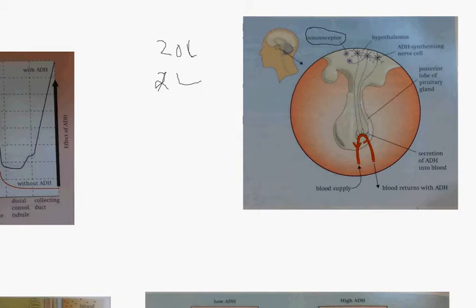gets stimulated as well. So the hypothalamus has ADH synthesizing nerve cells. When they get stimulated, they produce ADH.